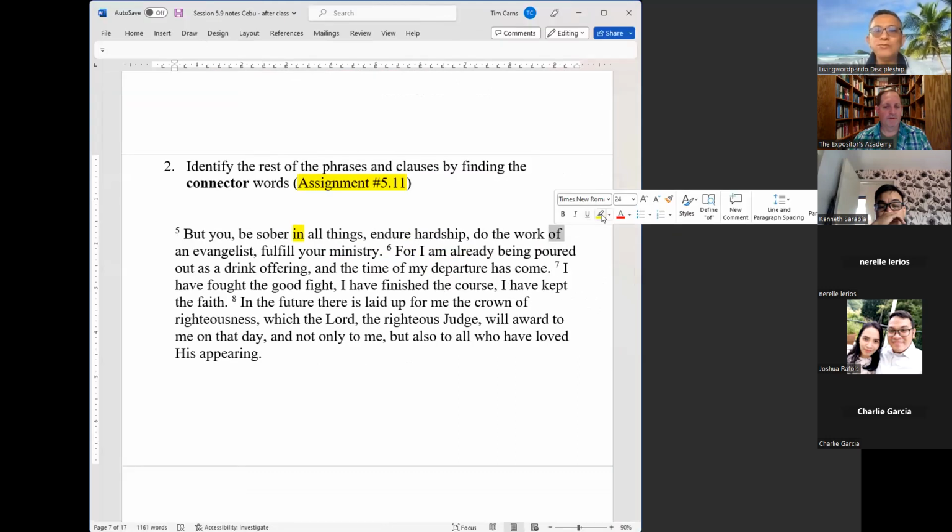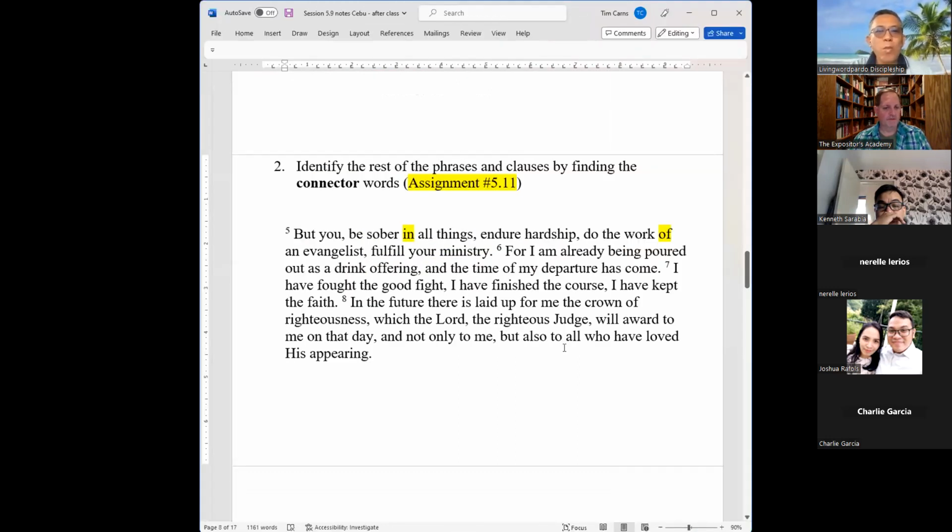Those are both prepositions. The first word, but, yes, but. All right, any others? In verse 5. I think that's all. Okay, so you want to jump to verse 6?